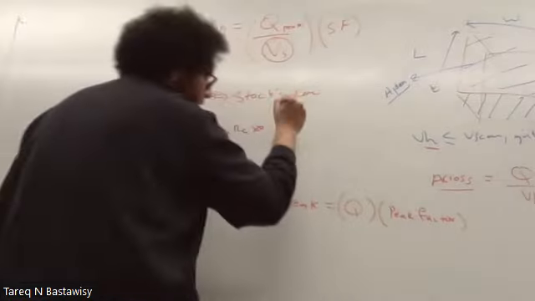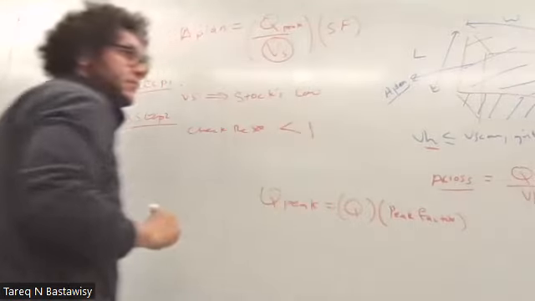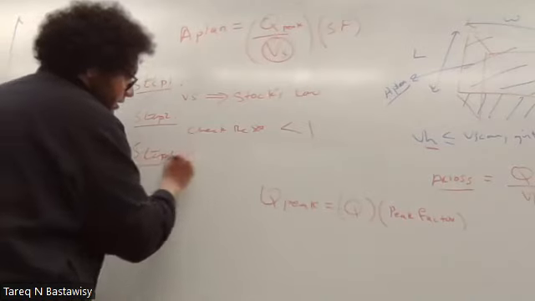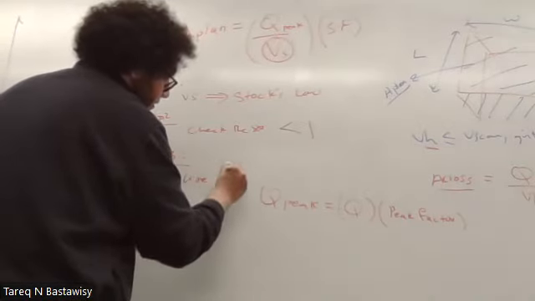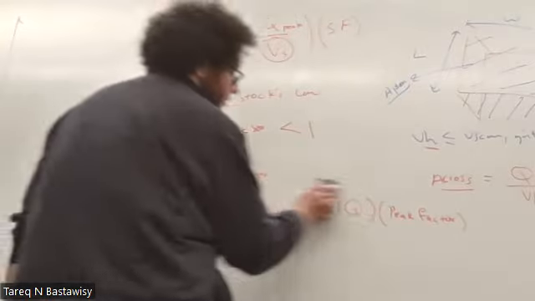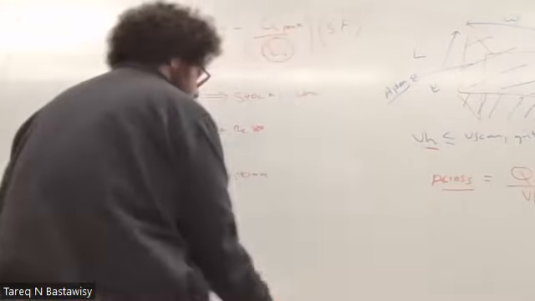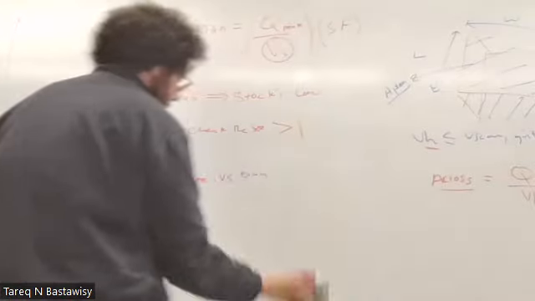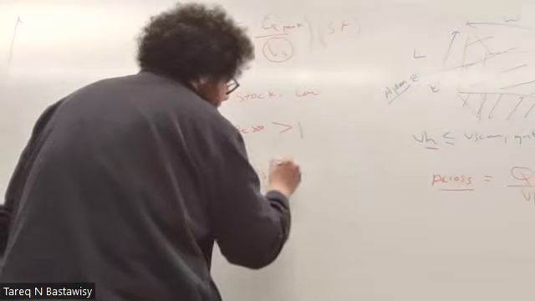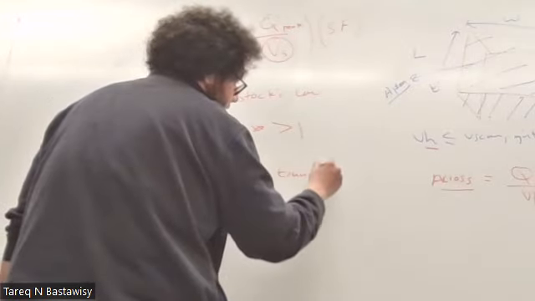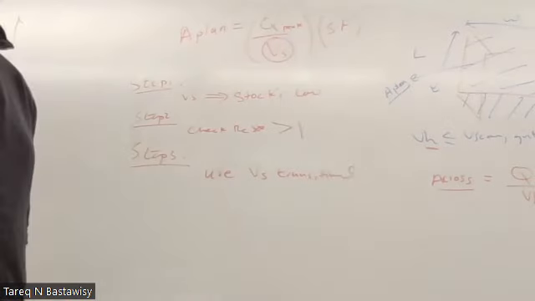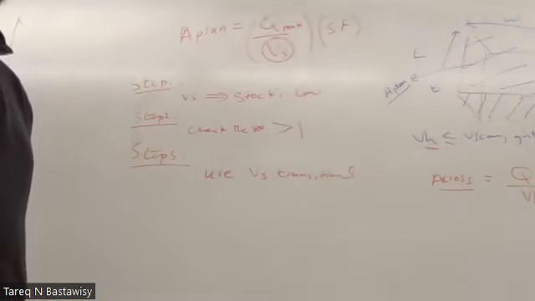If it is greater than 1, step 3, use the transitional velocity. If it's less than 1, you can just use Vs from the start.